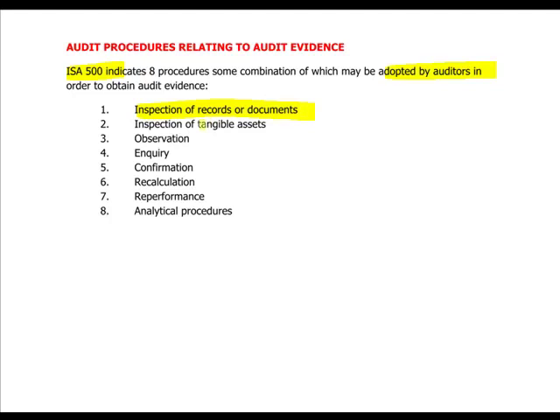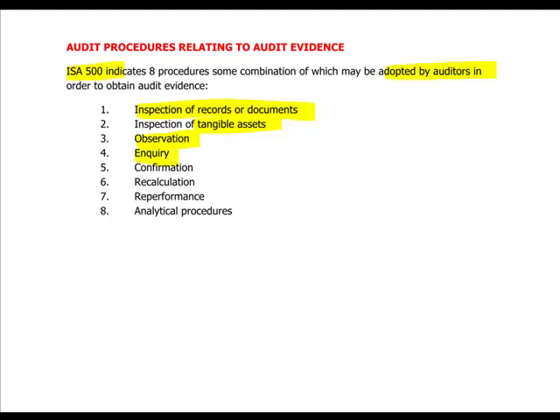Inspection of tangible assets, to make sure that whatever we recorded in the company's balances does exist. Note that when we are discussing an audit procedure, we think about an assertion. We want to prove an assertion through an audit procedure. Observation, again, that assets do exist, for example, or that an inventory count is carried out properly.